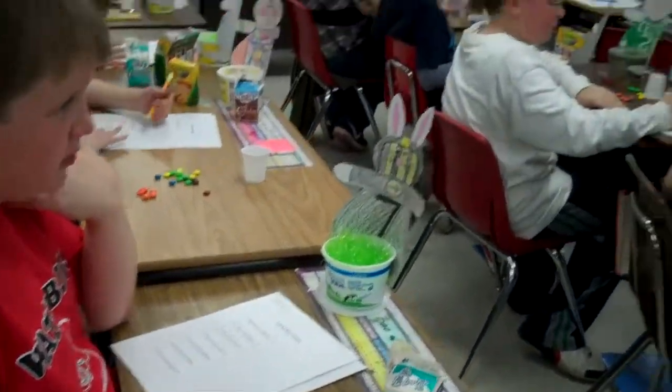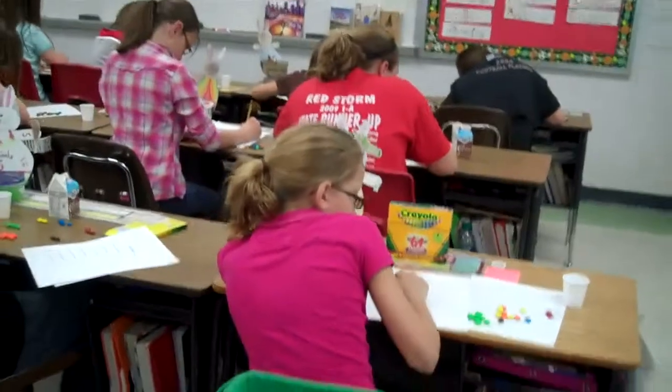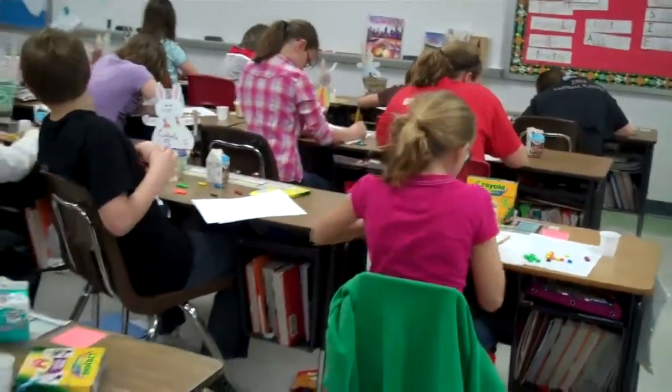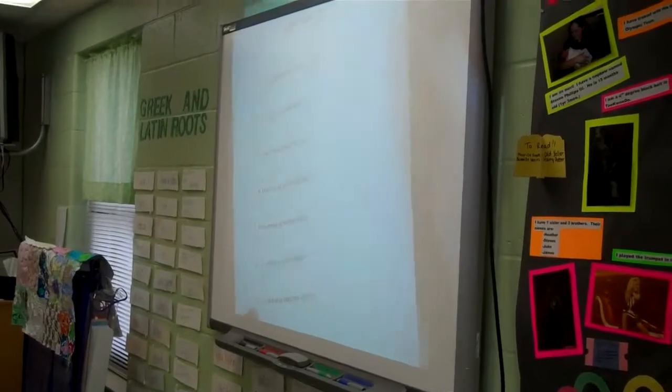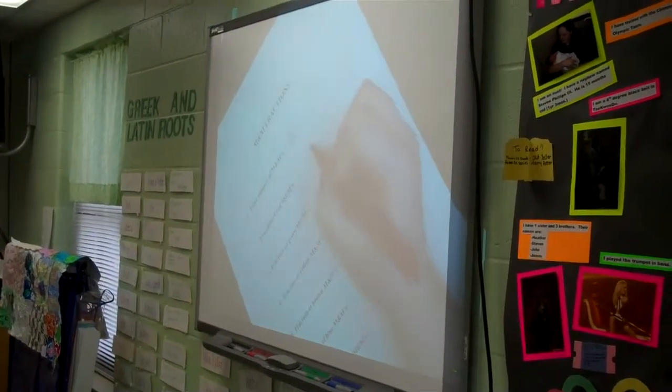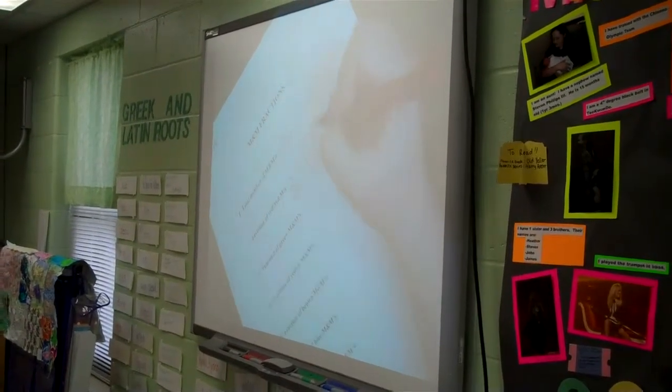Then you're going to draw your box. So if you look at the smart board, if you have the fraction of 3/20ths, so I have 3 red ones and 20 in all, I'm going to make the box, and we're going to split it up into 20 boxes.